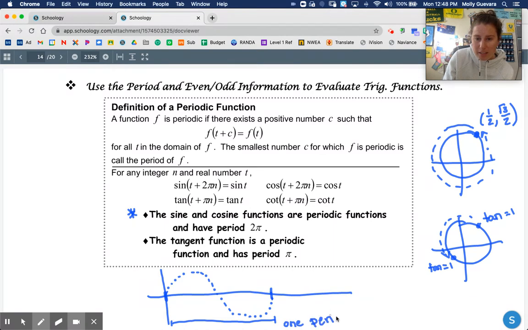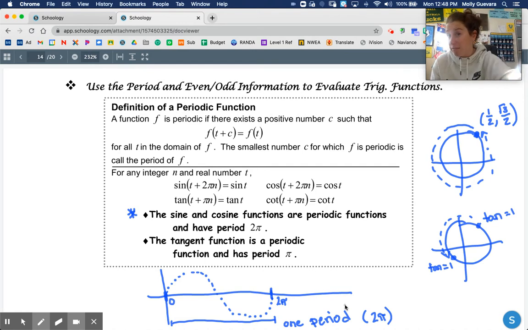And because this is sine, the period is 2 pi. So the distance from this point to this point is 2 pi. So if this is 0, this is 2 pi. And that period can change as the equations change, but we're just going to focus on the parent graph, more or less.